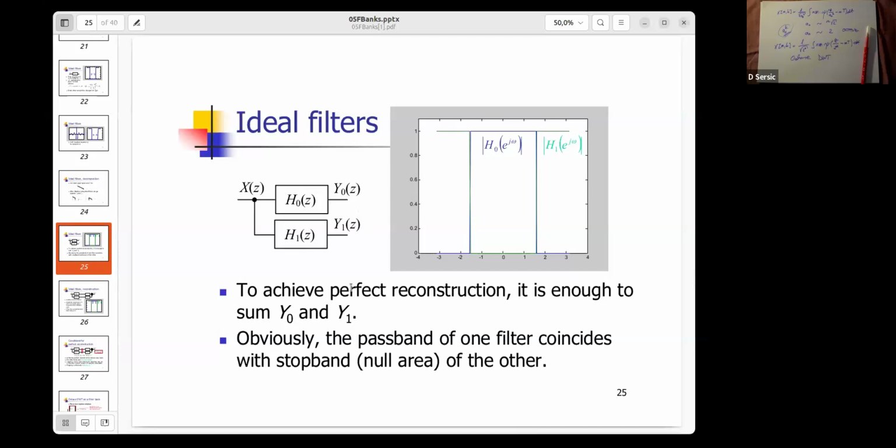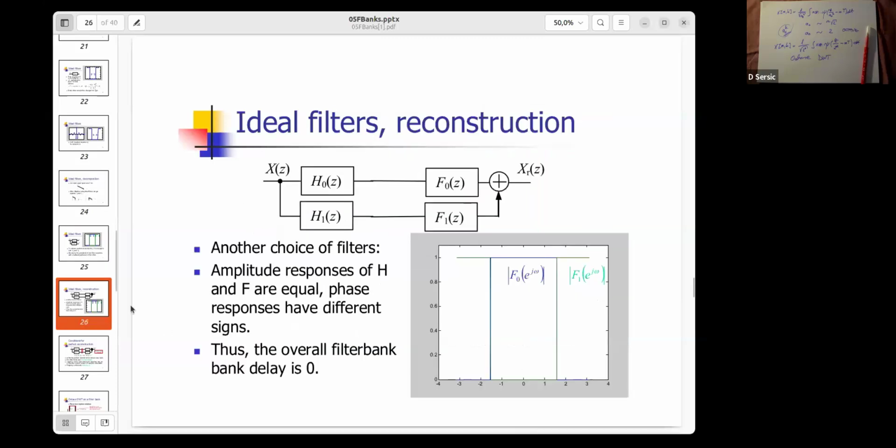Okay, let's apply the same filters. Maybe not 100% the same, but let's choose F0, which actually has the same amplitude response as H0, but the opposite phase. So the phases cancel out.